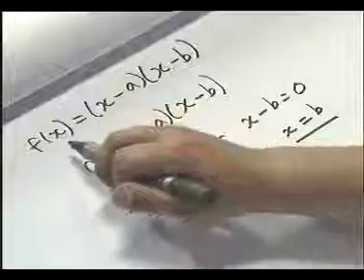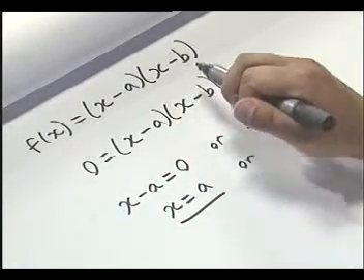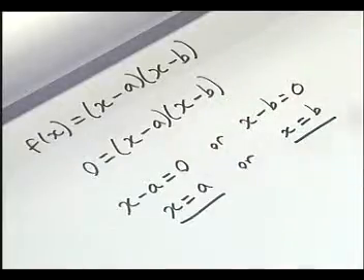Now we can use the converse of this and say that if we know the roots are a and b, then the function must be f of x equals x minus a times x minus b, or a multiple of that. And that multiple could be a constant, or it could be, in fact, any polynomial we choose.